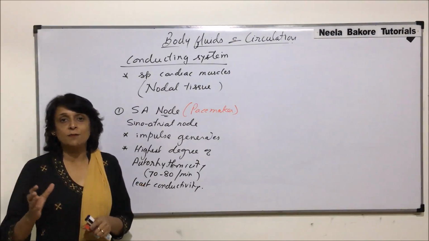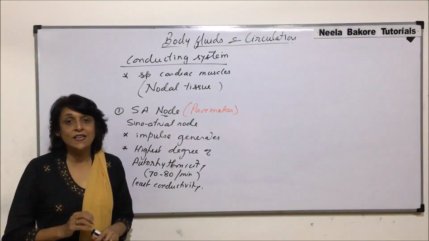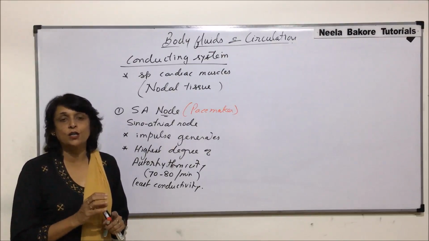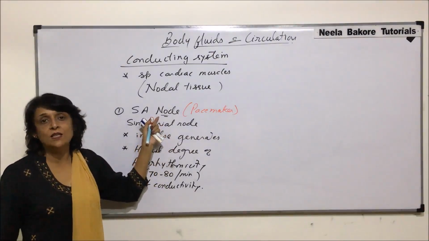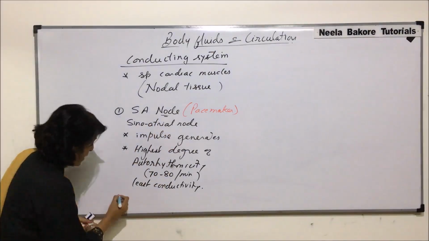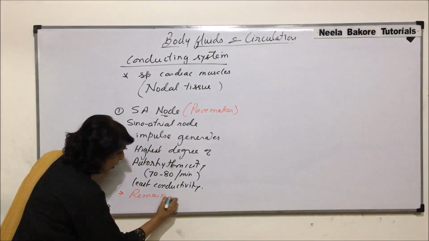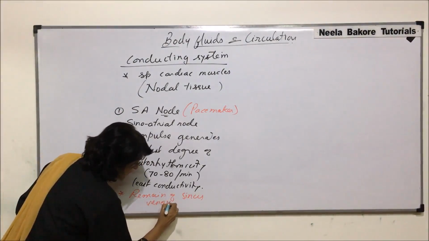As evolution takes place, this becomes smaller in size, and finally it completely merges into the right auricle, and that is what scientists believe is modified into the SA node. So it is believed to be the remnant of the sinus venosus.